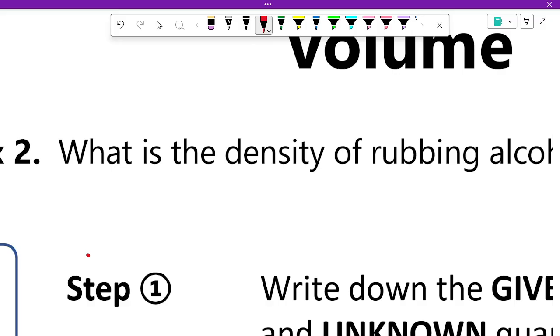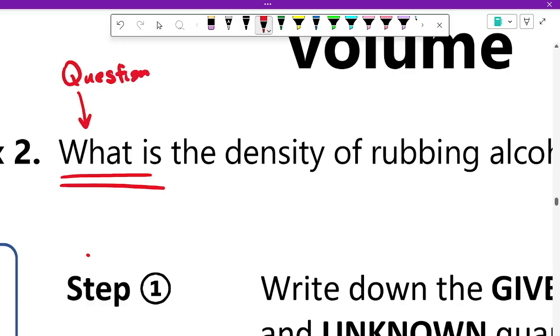So you look for the question words. What is? That's your question word. And whatever is being asked about is your unknown. So what is our unknown? Density. So that's our unknown. I'm just going to call it UNC. Is that okay? If you don't like UNC, you can call it unknown.